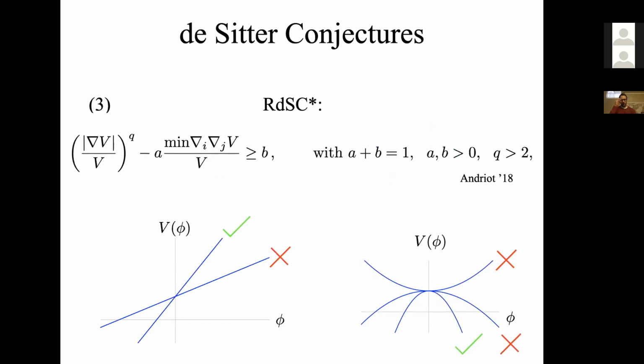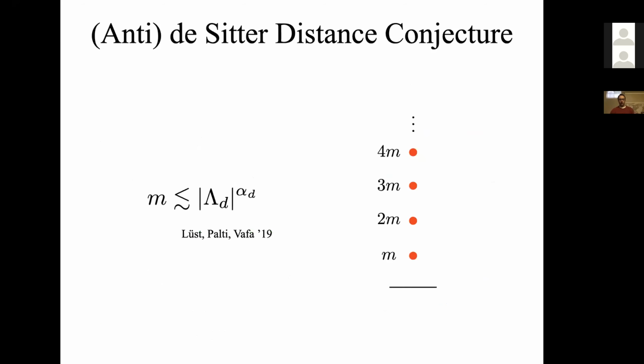I should mention there's another version of the refined de Sitter conjecture from David Andriot, where he took these conditions and put them into a linear combination, but the effects are roughly the same as condition 2. There's another anti-de Sitter distance conjecture that was proposed by these authors in 2019.